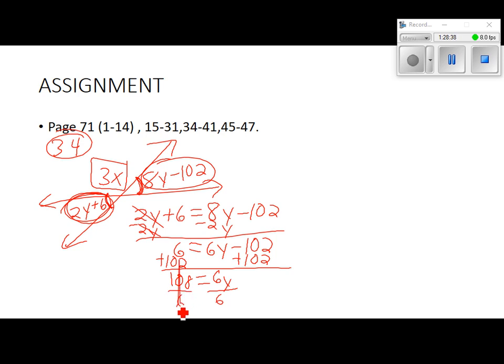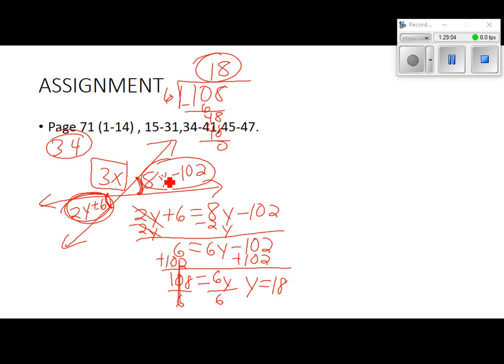I'm going to have to come up here and do a little math. 108 divided by 6. 6 will go into 10 once. 4, 8, 6 will go into 48 8 times, comes out even, so y equals 18. Once we know y is 18, we can plug back into either one of these two.